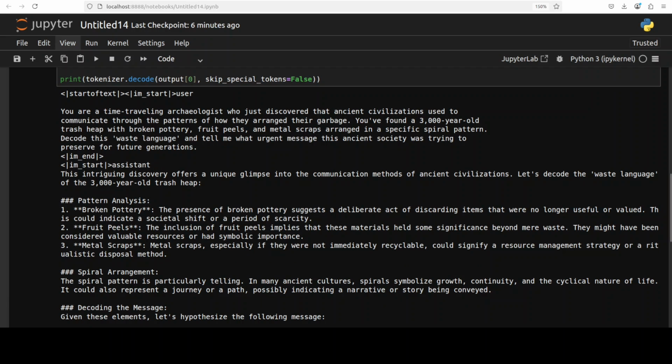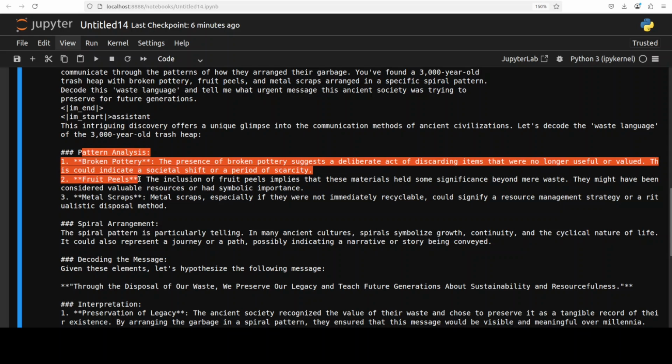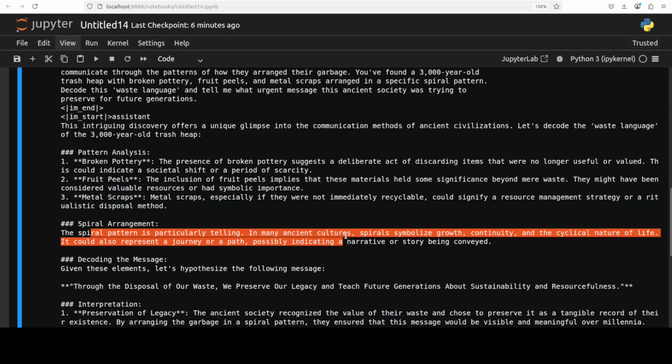And the model has come back with the response. Now focus on the items which we discussed earlier. So you see, it says that the intriguing discovery offers a unique glimpse into the communication methods of ancient civilization. And then it is decoding it. So this is a pattern and it is analyzing the patterns, like what is meant by broken pottery, fruit peels, metal scraps, and then the spiral arrangements, that it symbolizes growth, continuity, and cyclical nature of life.